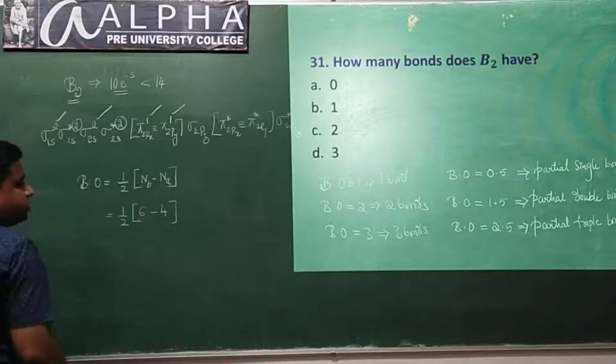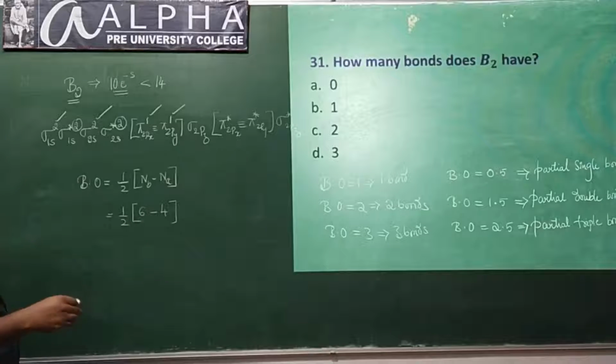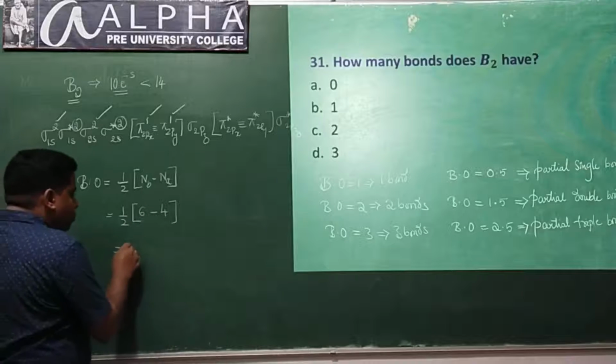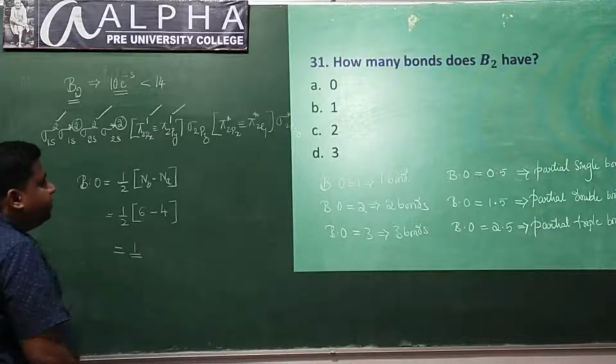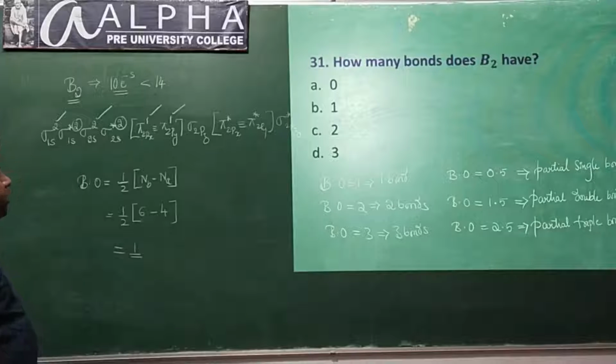So 6 minus 4 is 2, and 2 by 2 is 1. So we are getting the bond order to be equal to 1.